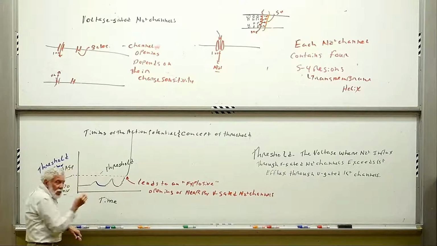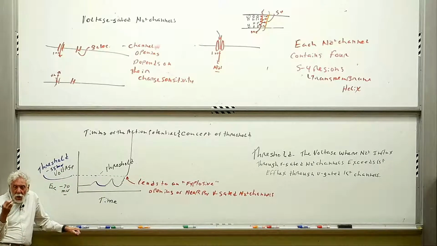Another way of thinking about this is when we reach threshold, we now have enough positive charge, usually in the form of sodium, aggregated around the cytoplasmic side of the channel, that now these sodium channels begin to flicker open. And as they carry more sodium in, they deliver more positive charge to the neighboring voltage-gated sodium channels.